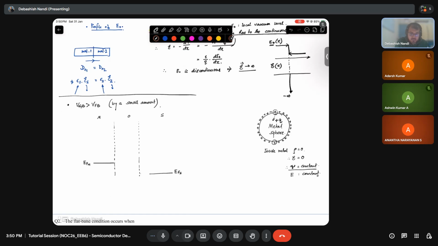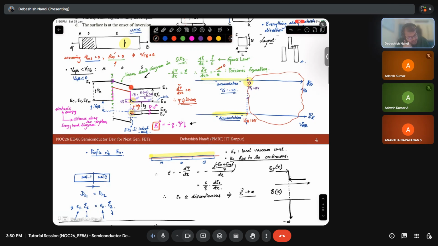Why is it correct? Your VGB is positive, right? That means what? Your gate has a higher potential. If gate has a higher potential, its energy band should be lower to body or higher to body? It should be lower to body. It is electronic energy, right?